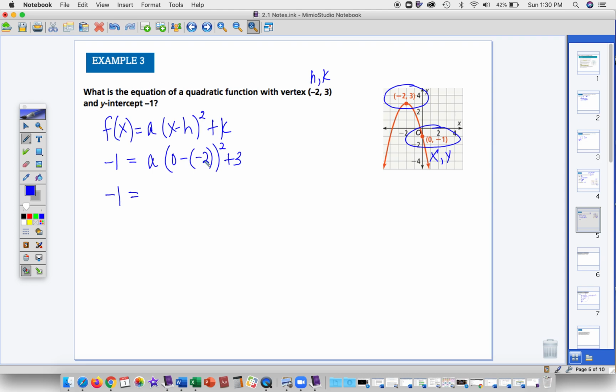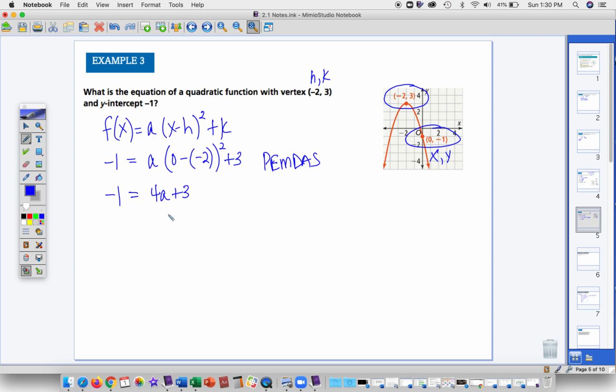So minus -2 is a +2. Not that it matters, because whether I square -2 or +2, I'm going to get 4. So the square comes next. Remember your order of operations, PEMDAS. We do inside the parentheses, then we do the exponent. So 2 squared is 4, so I get 4 times a, and then plus 3.